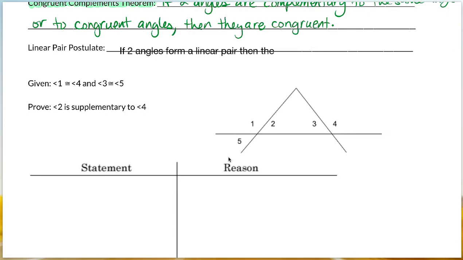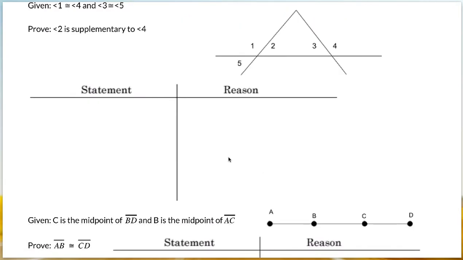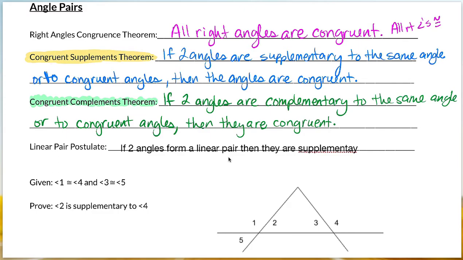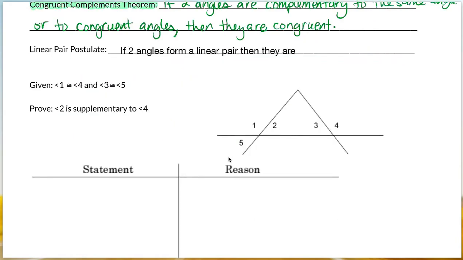They are supplementary. So two angles, if they are a linear pair, then they are supplementary.